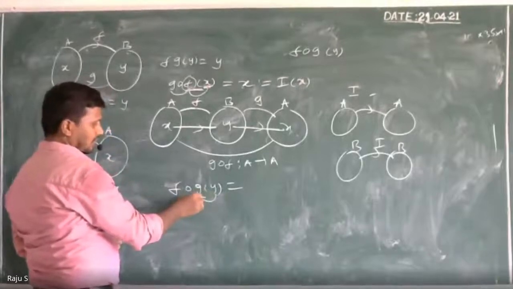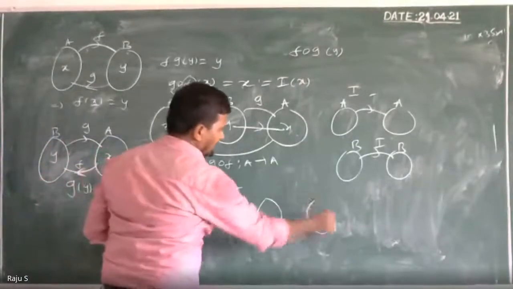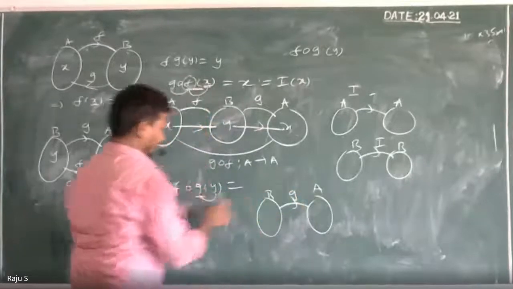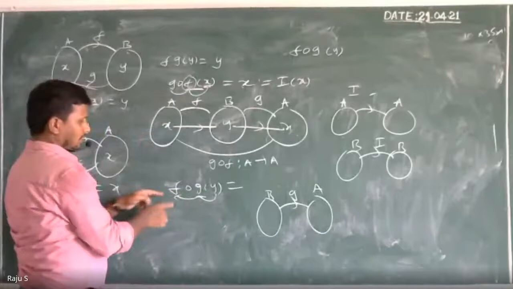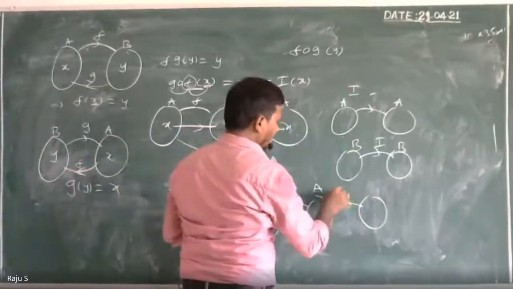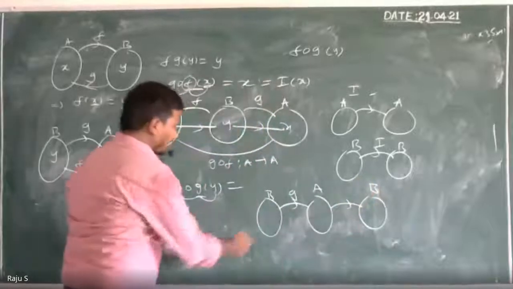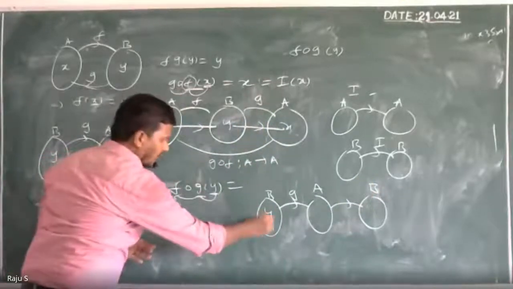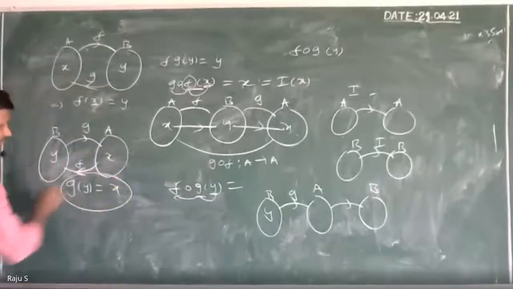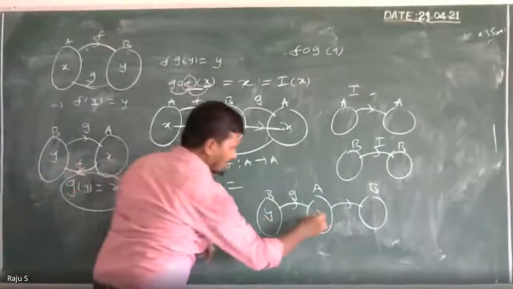Here g of y. g is a function mapping from B to A. This is g. It will approach f. So next, f is a mapping from A to B. So what is the input I'm giving? y. So already we know that g of y value is x. So g of y is equal to x.